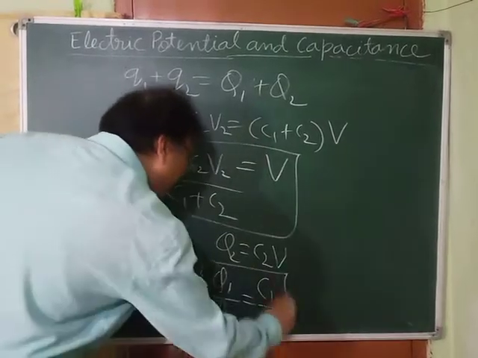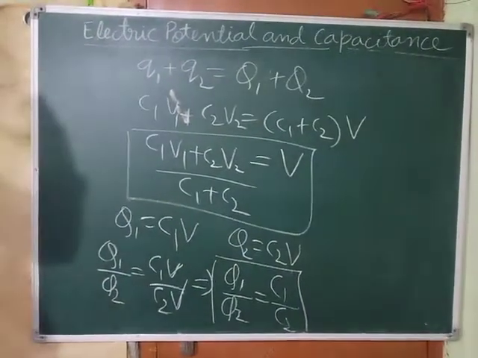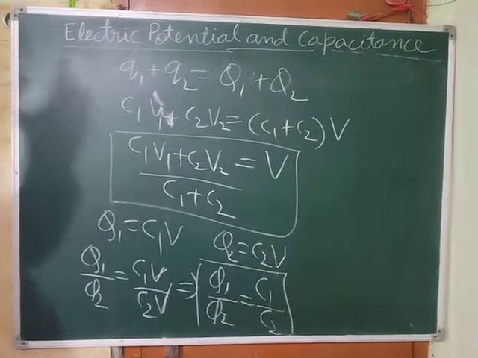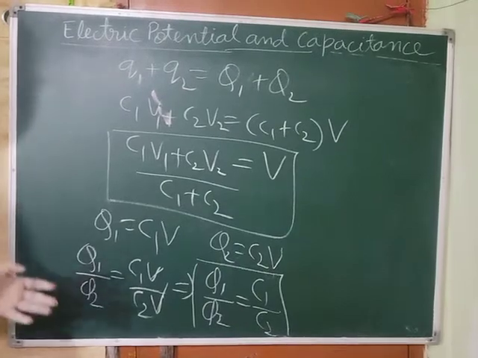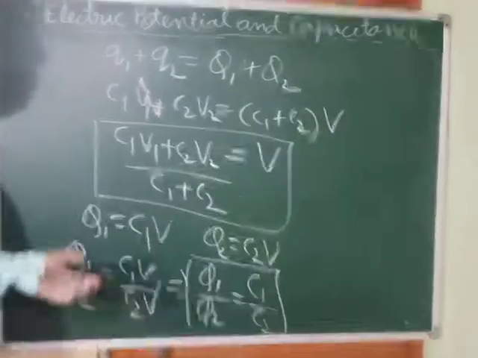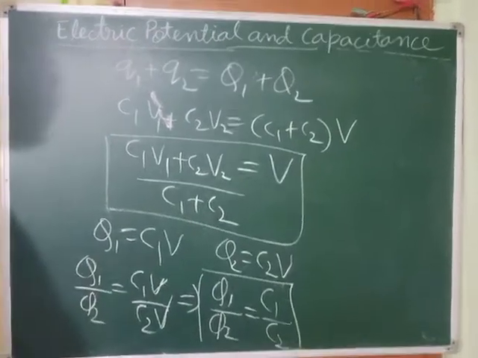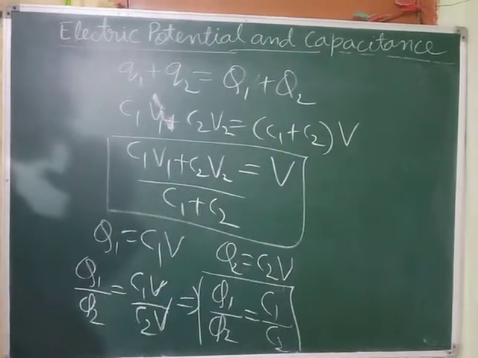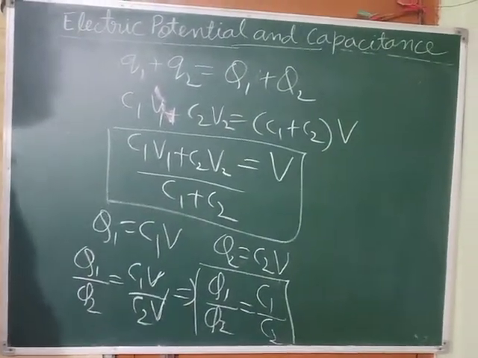That means the final charge distribution will be in the ratio of the capacitances of the capacitors. The capacitor which has more capacitance will acquire more charge, and the capacitor which has lesser capacitance will acquire lesser charge. So distribution of charge takes place according to the capacitance of the capacitor. Clear? So these two important results we have derived here.